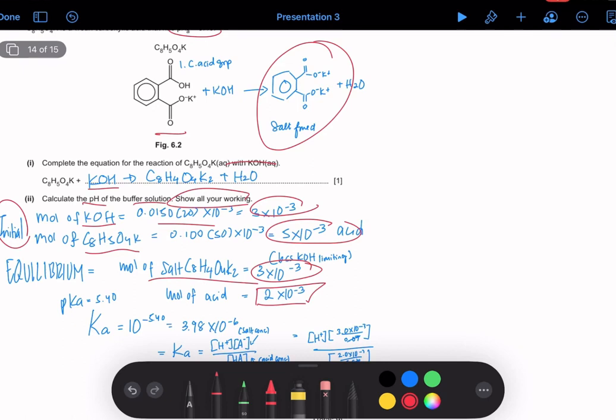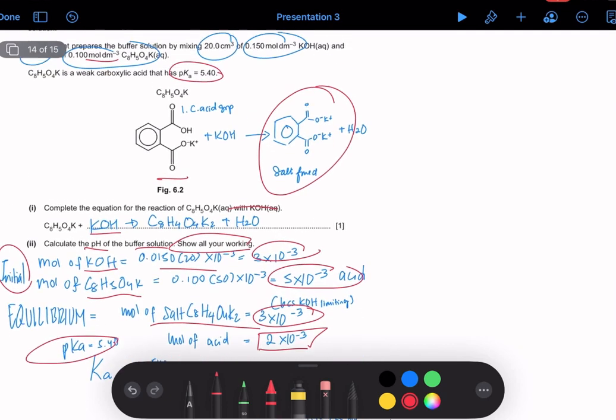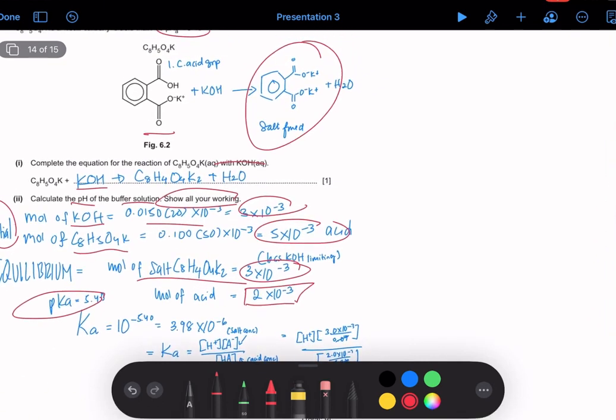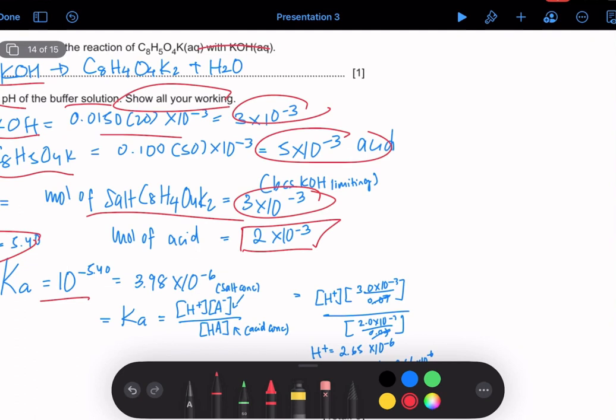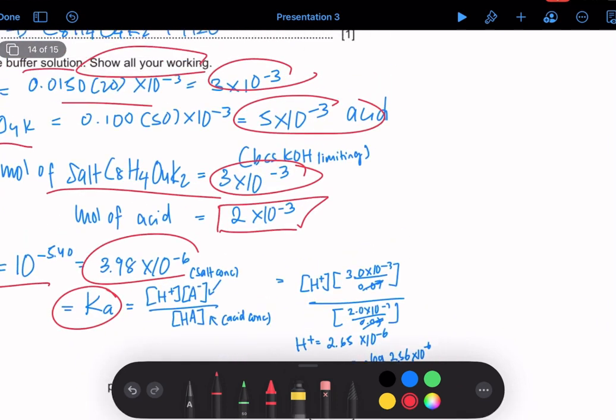Alright, so what is your pKa? pKa is 5.4, and we can get the anti-log for this. So 10 to the power of negative 5.4. So this would be your Ka. So what is the formula for Ka? So Ka is your H plus times the salt concentration over the acid concentration.